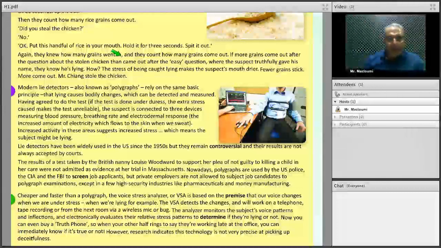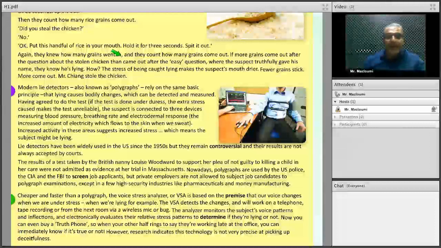So first they asked an easy question, and of course the answer was crystal clear. The suspect had some grains of rice. He kept the grains of rice in his mouth, then spit it out. They counted the numbers.